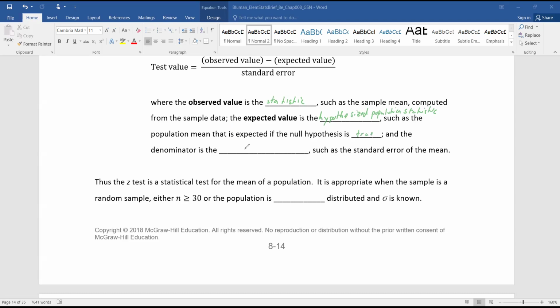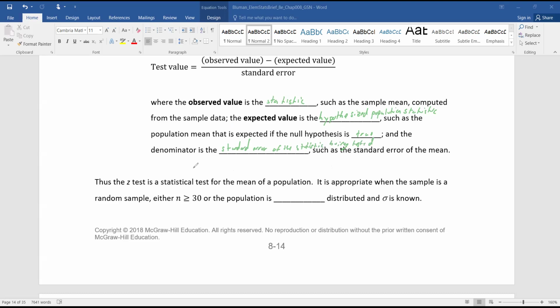The denominator is the standard error of the statistic being tested, such as the standard error of the mean.